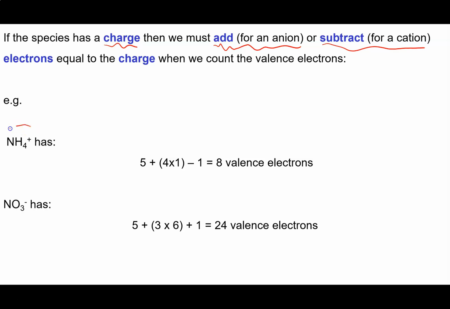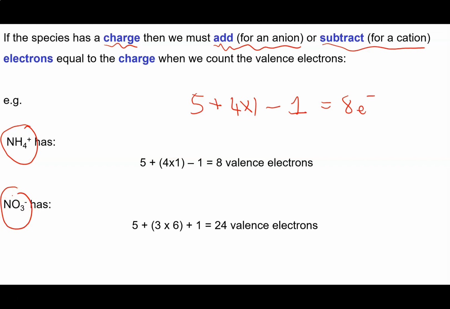So I'll give you an example here. This is the ammonium ion. We get 5 electrons for nitrogen because it's in group 5. We got 4 lots of 1 electron for the hydrogens because hydrogen's in group 1A, and then we have to subtract 1 away because it's got the 1 positive charge, and then that gives me 8 electrons.